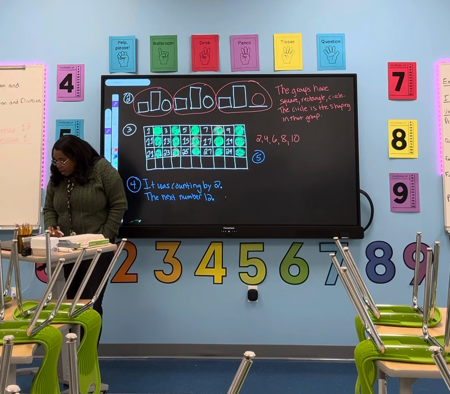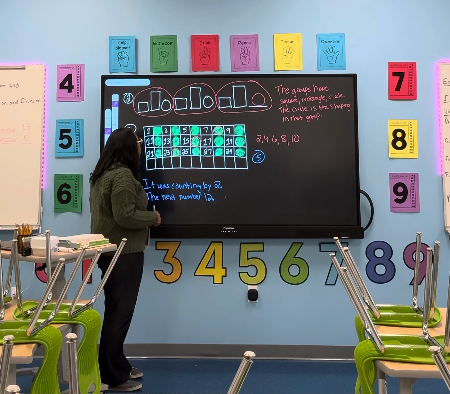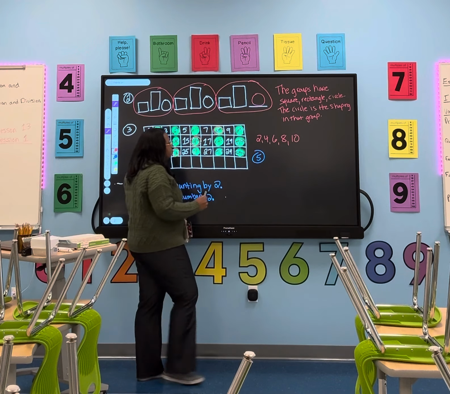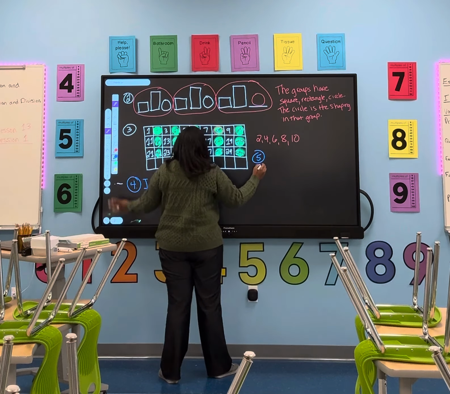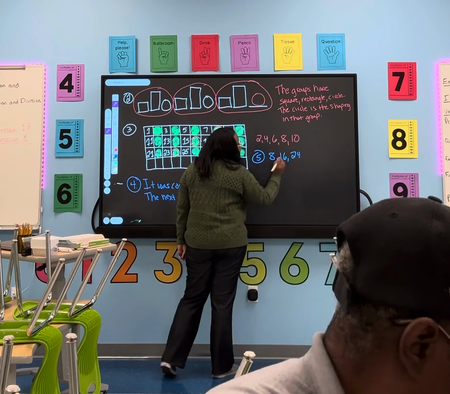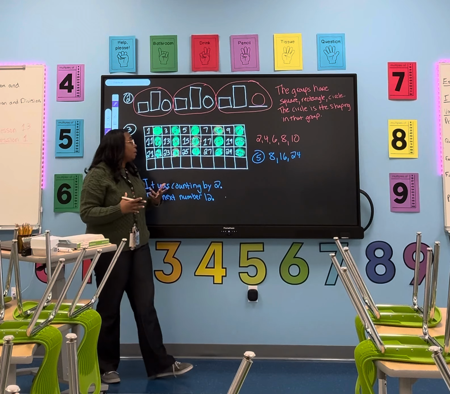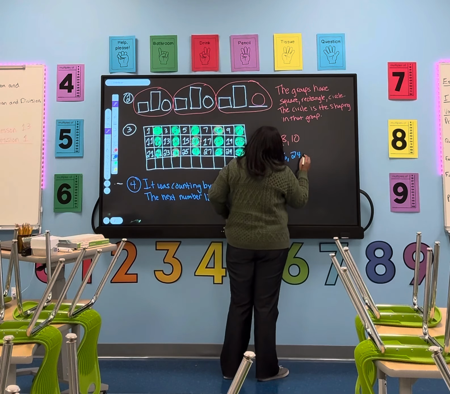So it says, describe any pattern or rule that you see in the circled numbers. So if I look at the circled numbers, I'm going to write over here, I have 8, 16, and 24. So the pattern I see is that it seems to be counting by 8. So I'm going to put that.